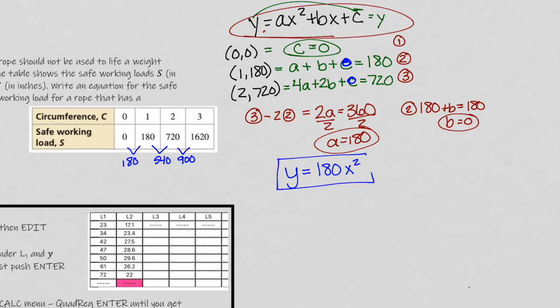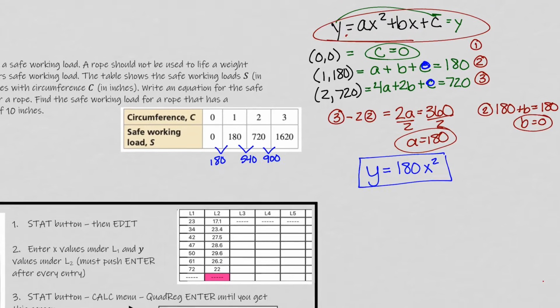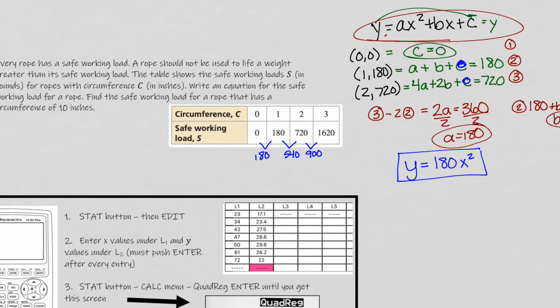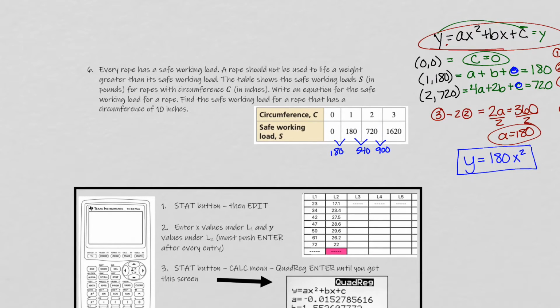This is my equation. All right, and then back in the problem here, I'm going to zoom out a little bit. So our equation was y equals 180x squared. Oh, but look, they use different variables. Their x is c and their y is an s. So that means s equals 180 times c squared. So there's our actual equation.